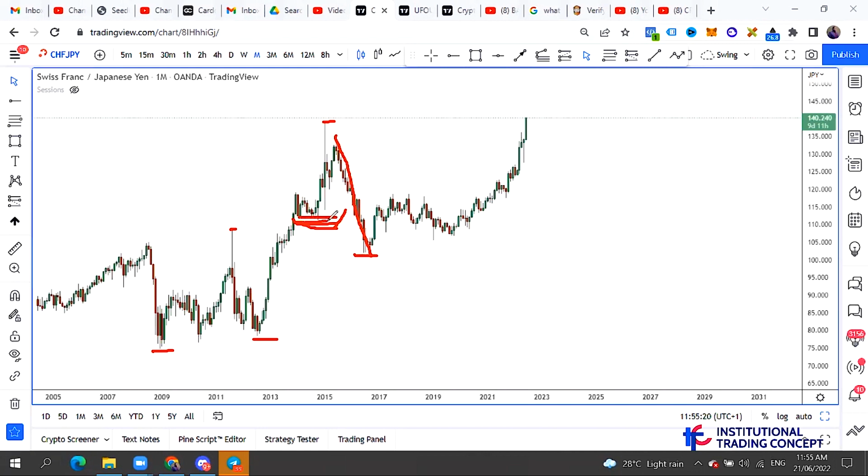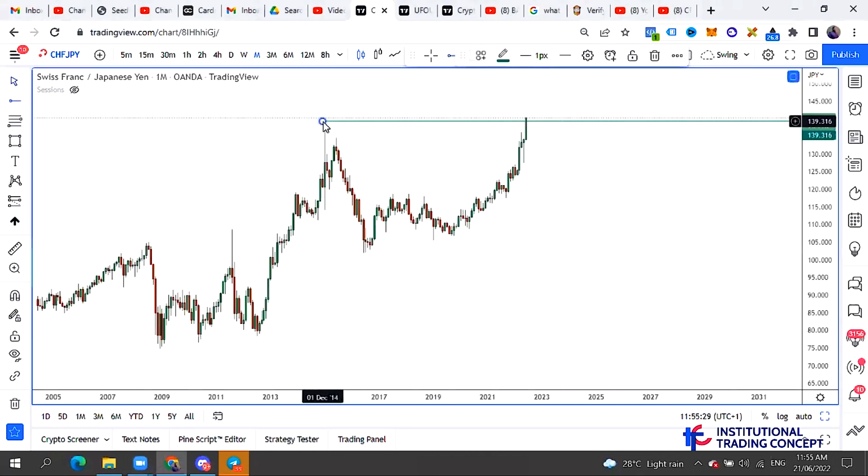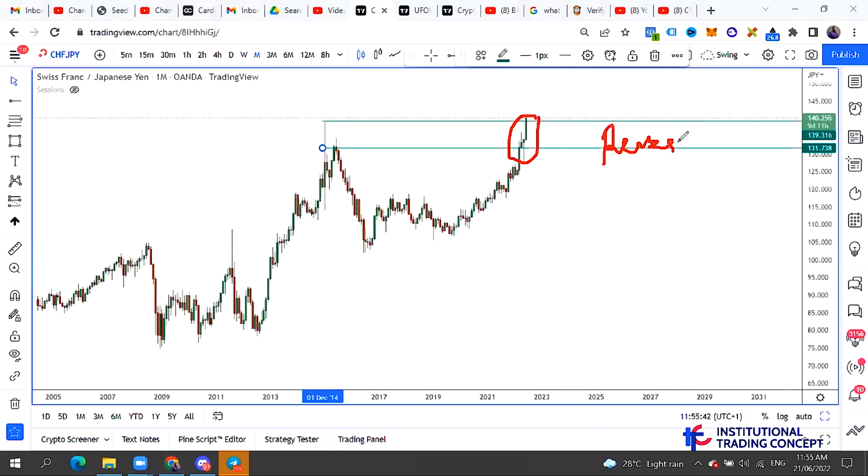Now, for it to have cleared off this zone, this impulse becomes more valuable. So that is one of the major reasons why I said we are going to be looking for a sell in this zone. Now, another thing you must consider is that this sell is a reversal. It is not a trend continuation.